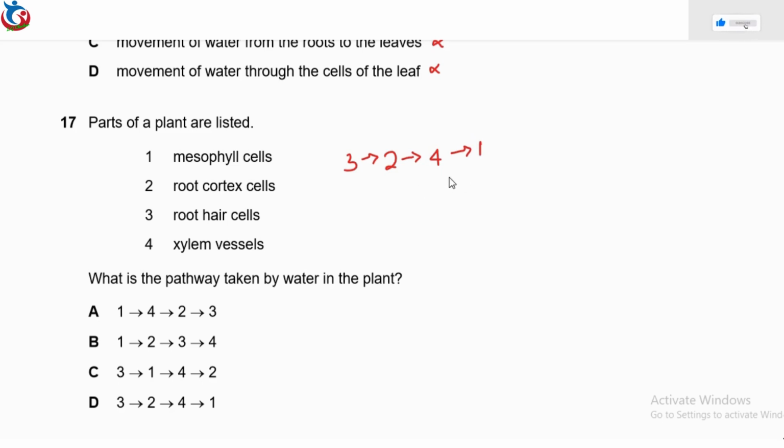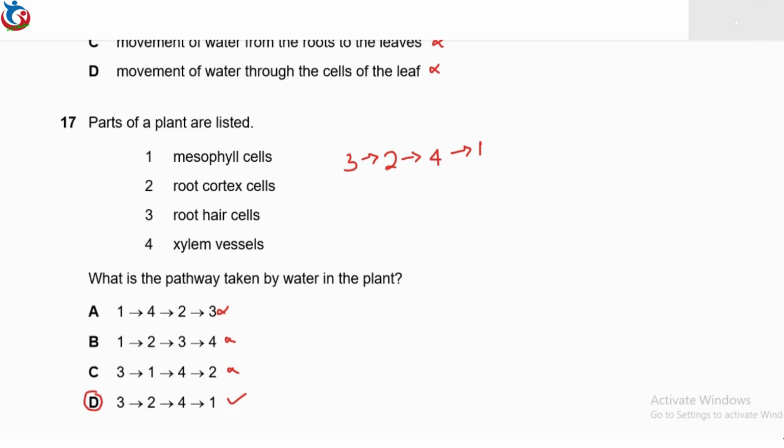So this is the process through which water flows from the roots to other parts of the plant. So that makes option A wrong, option B is wrong, option C is wrong, option D is our correct answer.